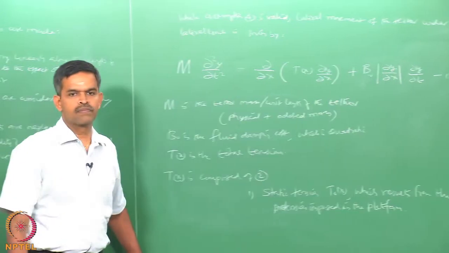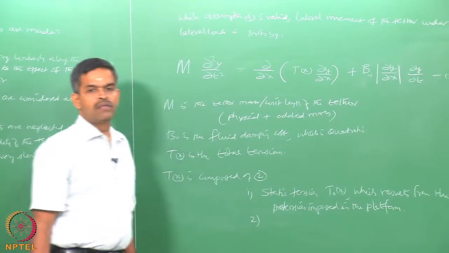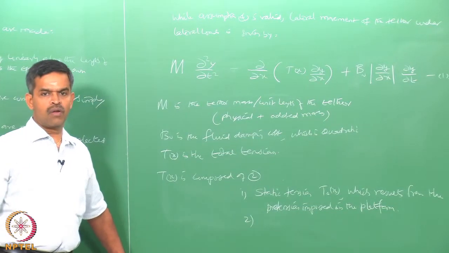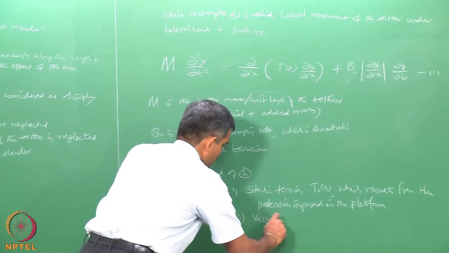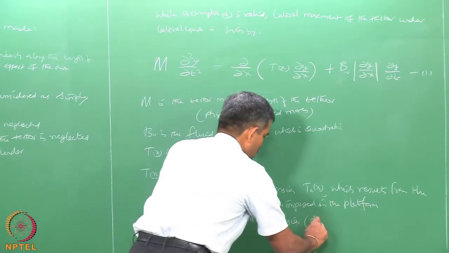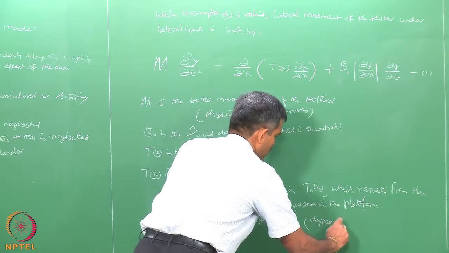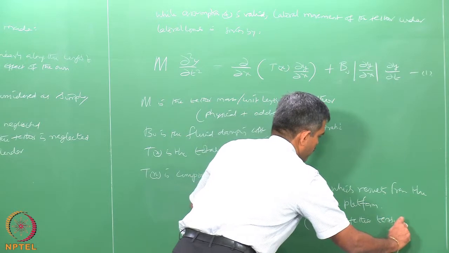The second could be the varying tension along the tether length, which we call dynamic tether tension variation.